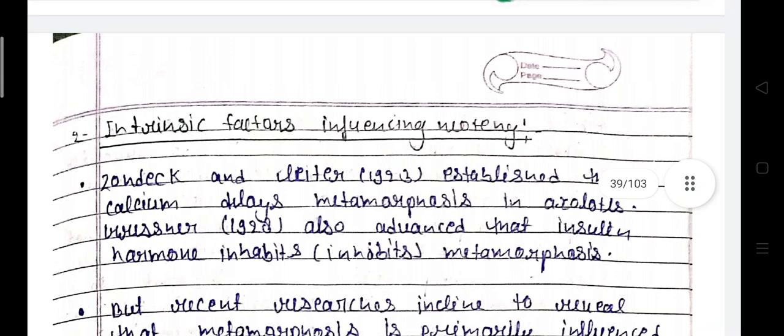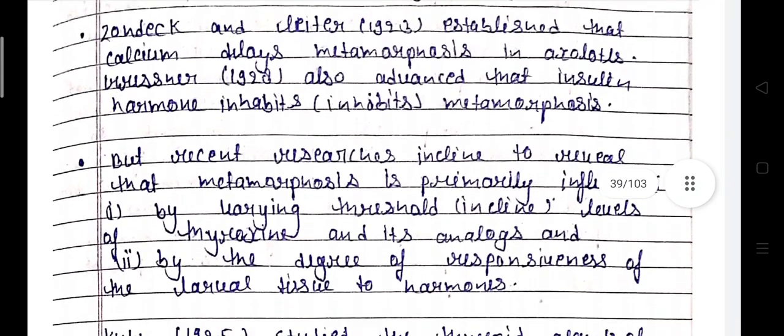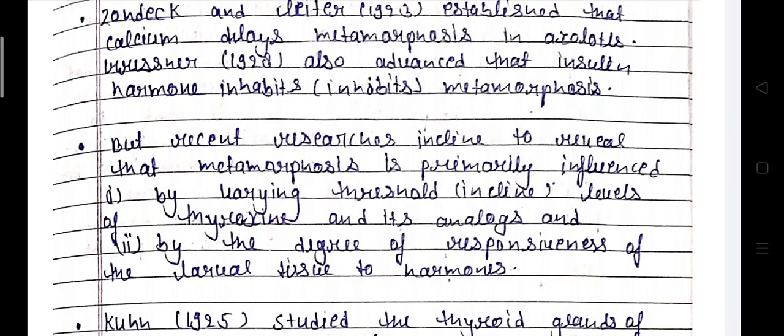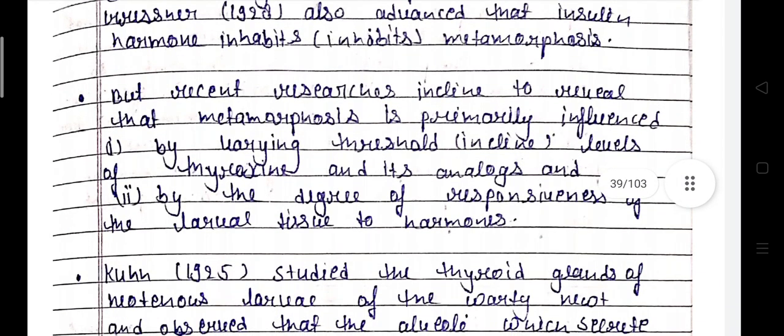Internal factors: recent research has revealed that metamorphosis is primarily influenced by a threshold, including the level of thyroxine and its analogues, and by the degree of responsiveness of larval tissue to hormones.